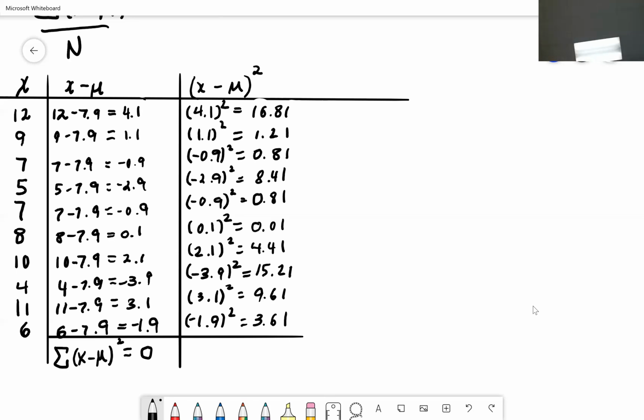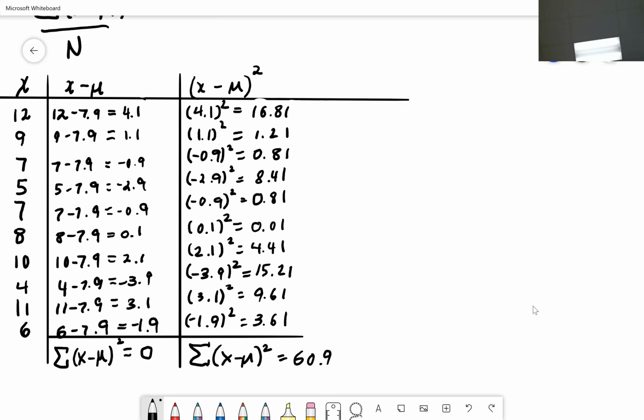Thank you. All right, 16.81 plus 1.21 plus 0.81 plus 8.41 plus 0.81 plus 0.01 plus 4.41 plus 15.21 plus 9.61 plus 3.61. I got 60.9. So the sum of my deviations squared equals 60.9.